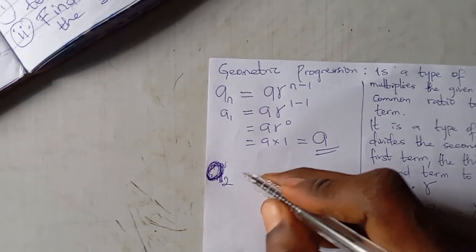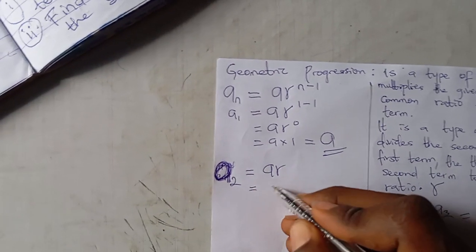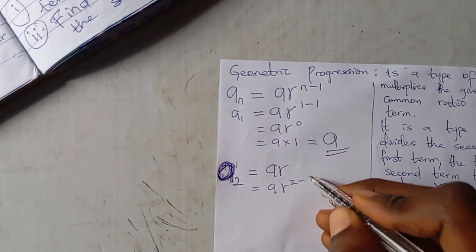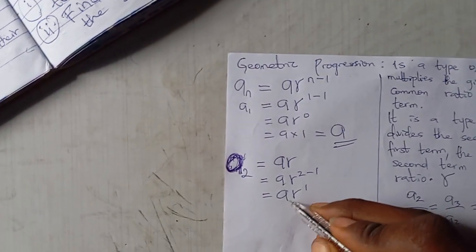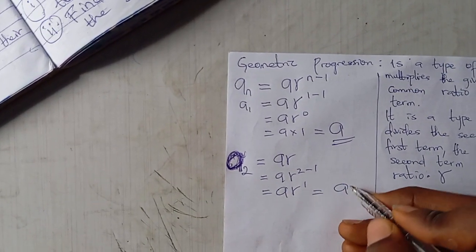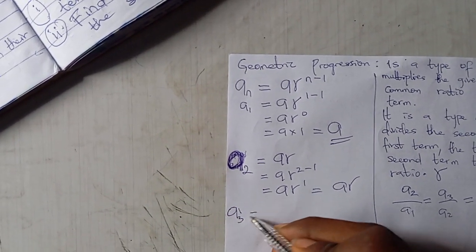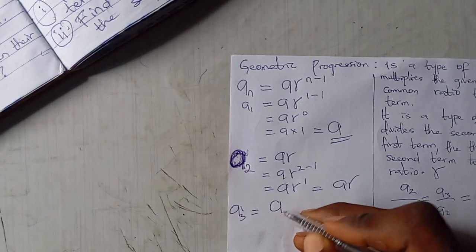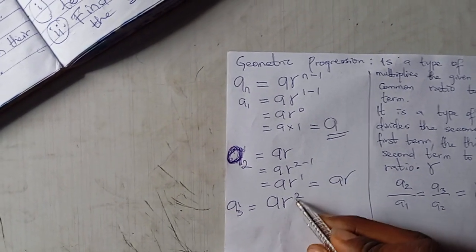of a geometric progression will be A2 equals AR. That is AR raised to power 2 minus 1 equals AR raised to power 1, and anything raised to power 1 is the same thing. So the third term of a geometric progression is going to be AR2. As it's progressing, the power increases.